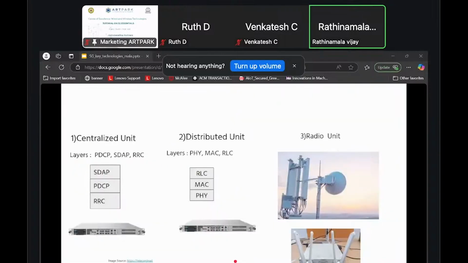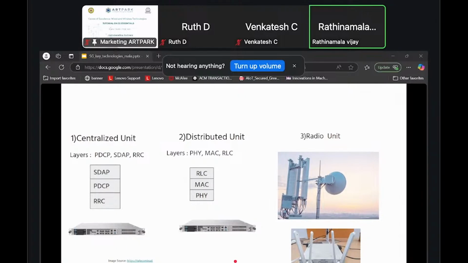And if you are wondering how these units will look, the centralized unit will look like a CPU or a server, and it performs functionalities like SDAP, PDCP, and radio resource control layer functionalities.